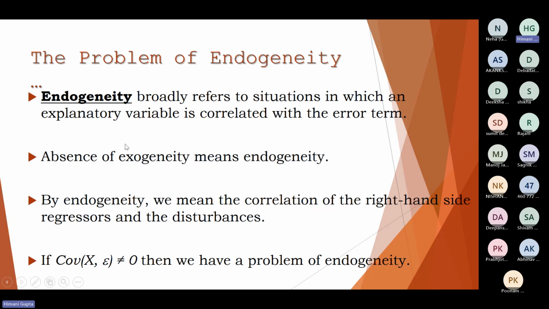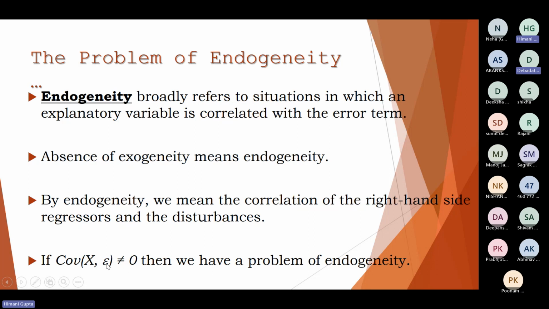In other words, absence of exogeneity means endogeneity. So endogeneity means correlation of the right-hand side regressor with your disturbance, which is named as your error term. Or I can say that the covariance between your explanatory variable X and the error term is not equal to 0.